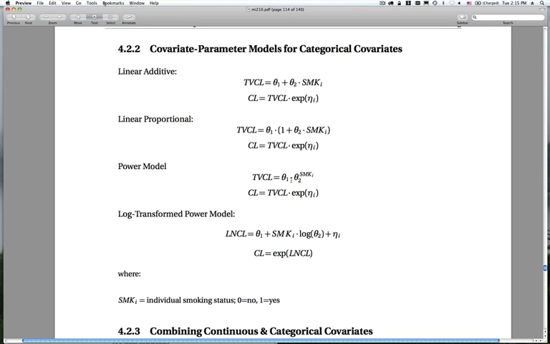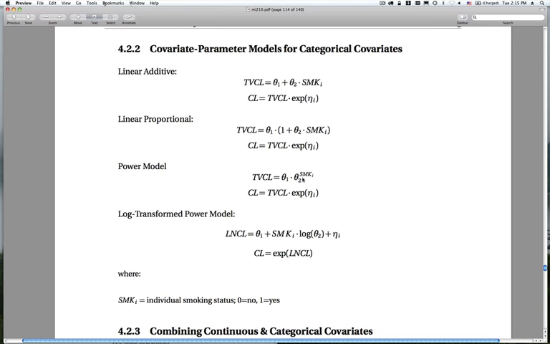This is a nice parameterization because it's quite analogous to another thing that we use in pharmacokinetics, and that's bioequivalence criteria. We're looking at a relative ratio. And the other thing that can be useful here is that we can use the confidence intervals around theta 2 to make inferences similar to those we might make for bioequivalence.